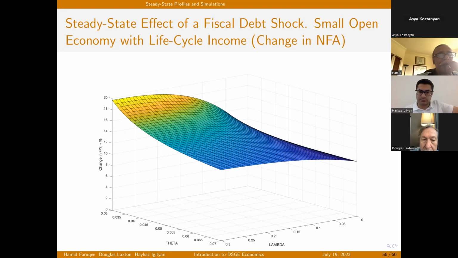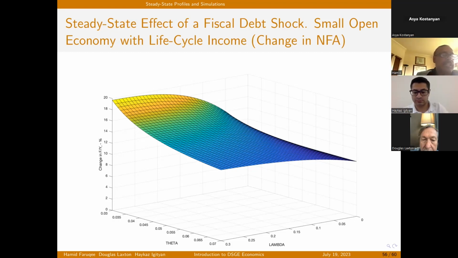The lambda effects aren't particularly large, or they don't change very much over the variation of lambda, the share of liquidity constrained consumers. Again, that's operating through a flow of disposable income, whereas on the other axis, you're operating through the stock of human wealth and the role of private discount rates varying from public discount rates.